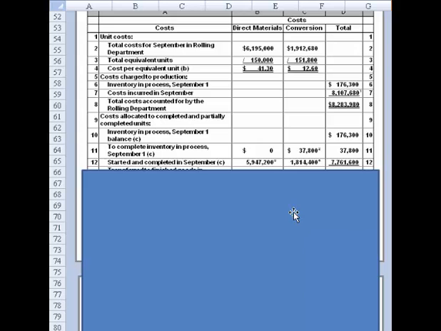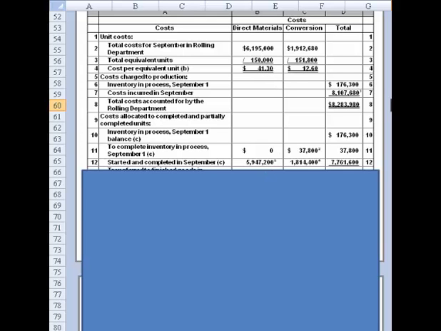We've taken care of the conversion costs of the inventory that was on hand at the beginning of the year. Now on row 12, we need to figure out the cost we need to apply to those units that were started and completed in September. This is a relatively easy calculation at this point because we know that we had 144,000 units that were both started and completed, and we multiply them times the cost per equivalent unit above.